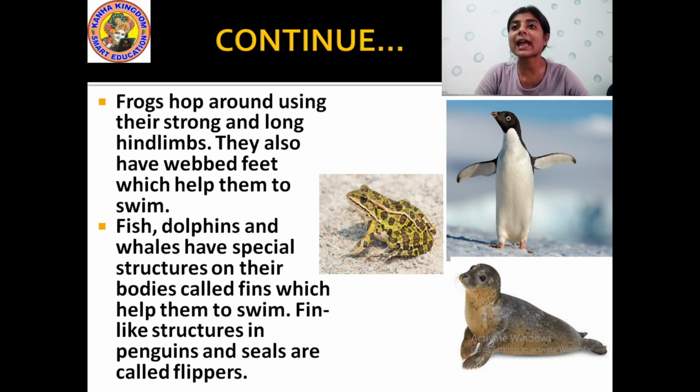They move with the help of these flippers, like small wings or small limbs, from one place to another. So these are the different organs of different animals according to their habitat. Understood?